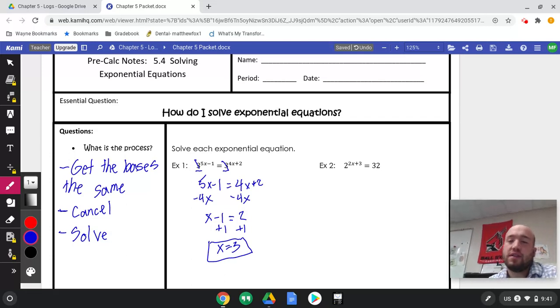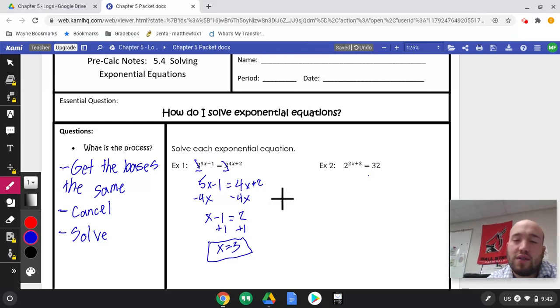Okay, so example 2. This one maybe is a little more challenging because right now this is 2 raised to 2x plus 3. This one is just the number 32. However, 32 can be an exponent with a base of 2.